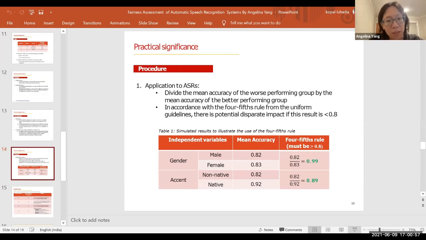The other thing I want to mention here is something we call practical significance. This is actually the most important point that I want to make for this presentation. The motivation of this is, while statistical significance is really important, it helps us understand whether true effects exist in the observed data population, practical significance is related to how big that effect is and does it really matter for us?